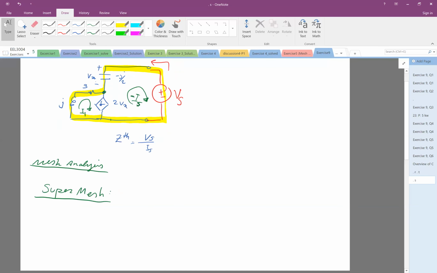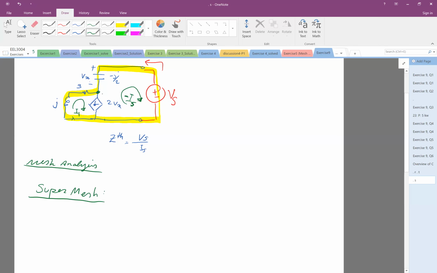Okay, so let's write the KVL starting from here, and this is 3 plus J times the current I1. I'm going this way, so I1 is also going that way. J plus 3 times I1. And then I'm going up. The impedance is negative J over 2 times the current, which is this way, which is negative Is. Right?